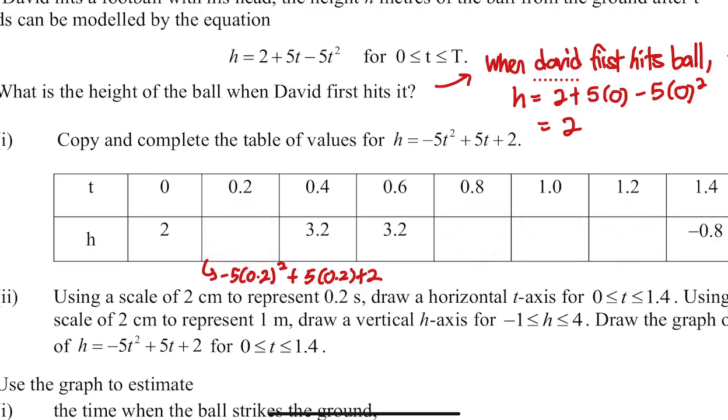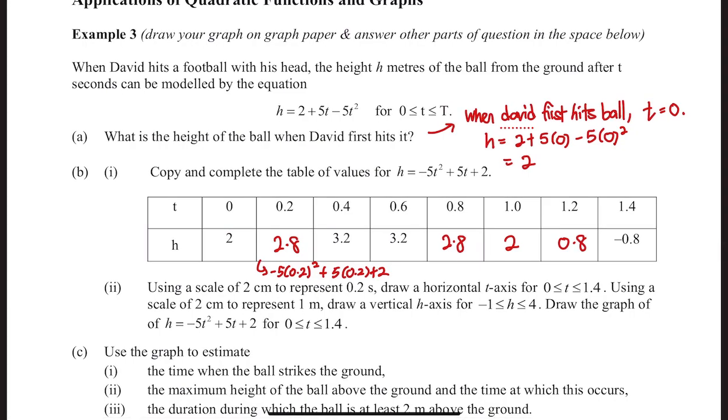You can pause the video here first, calculate the values, then come back to check. If you have calculated the values, I should get 2.8, 3.2, 3.2, 2.8 here as well, and 2 and 0.8.